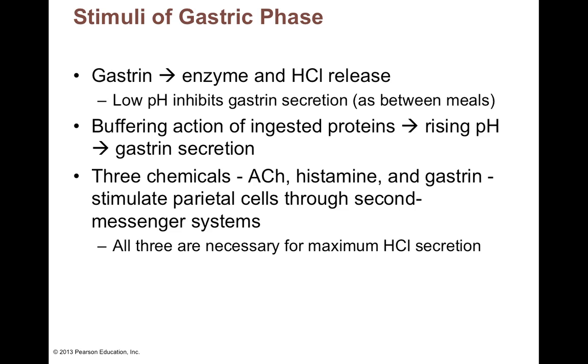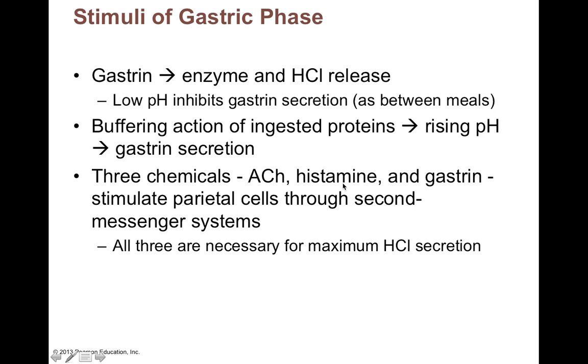So gastrin stimulates the release of gastric juice. We see a rise in pH because of the buffering action of ingested proteins. That also stimulates gastrin secretion. So remember, the release of gastrin is sensitive to a change in pH of your stomach. And then there are also some chemicals here too, guys, like acetylcholine and histamine that can stimulate parietal cells through what are called second messenger systems.